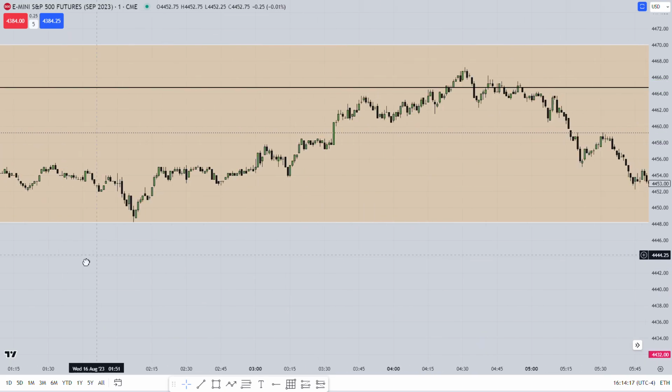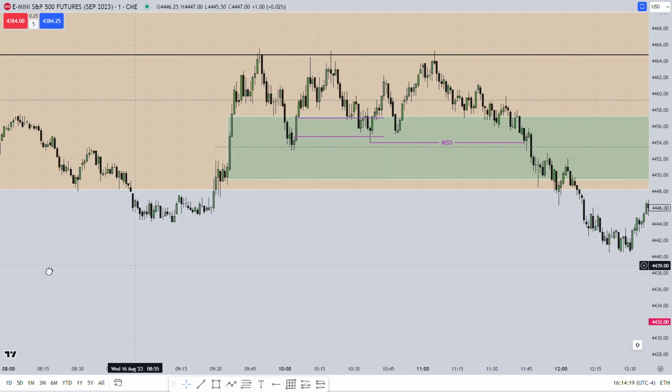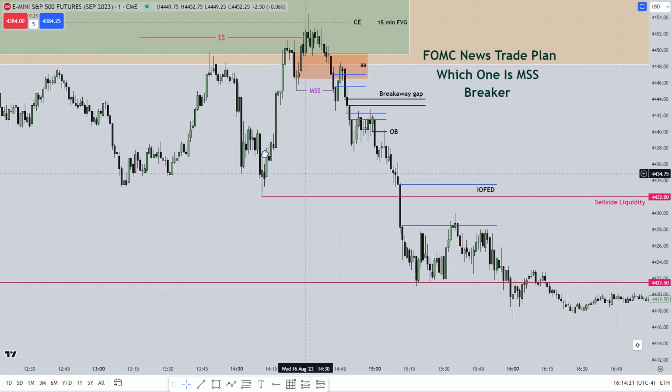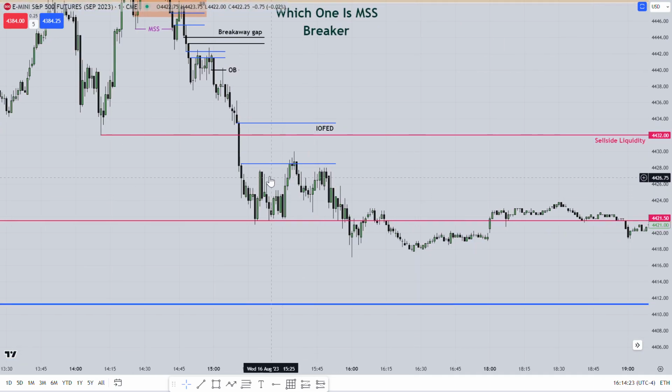Okay. What can I say? You see this high, it has traded this gap, and then this one, it has shift in market structure, but this is not the shift in market structure for me because my bias is bearish.